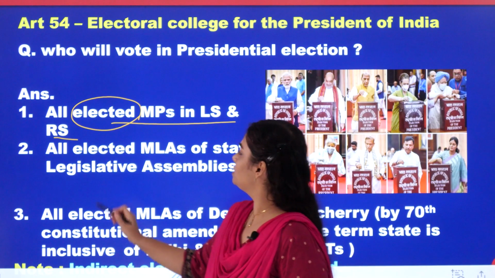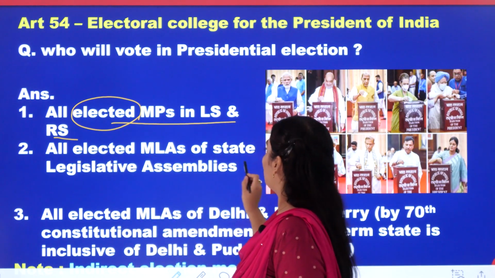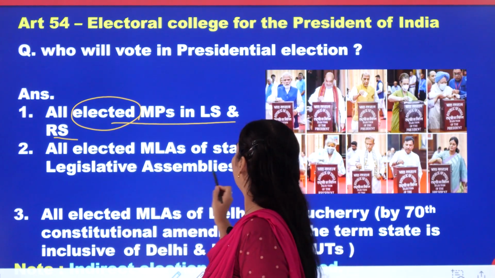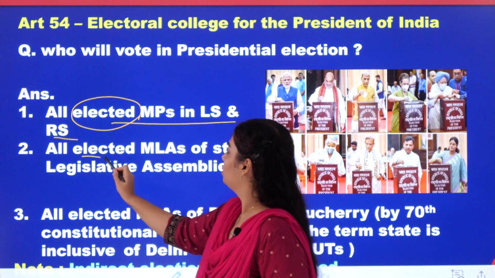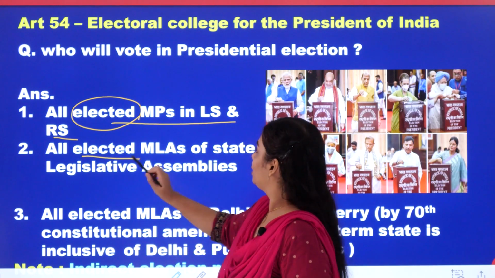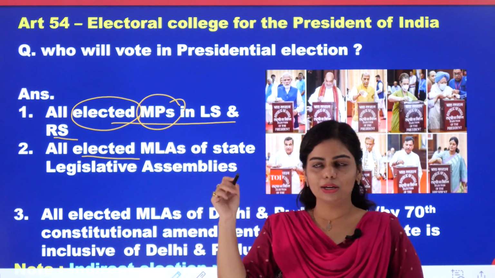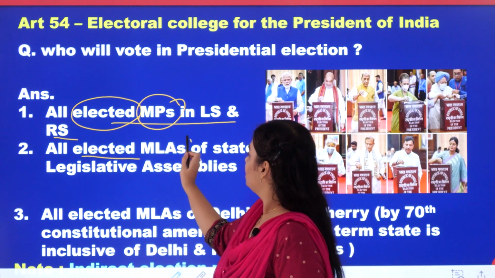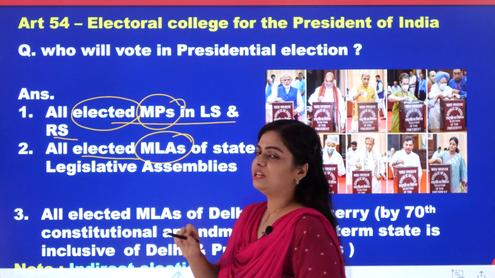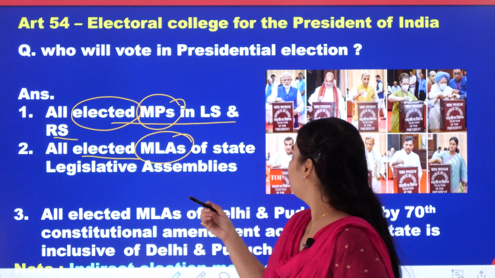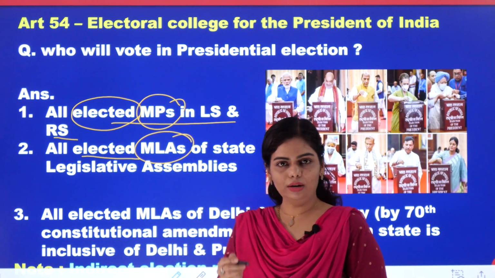The second point is all elected MLAs of state legislative assemblies. So, again the word elected comes. So, these MPs, they are at the union level, at the central level. And then come MLAs, members of legislative assemblies of different states. Alright.